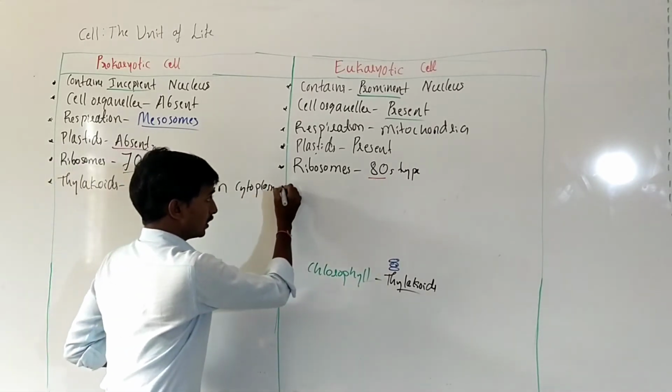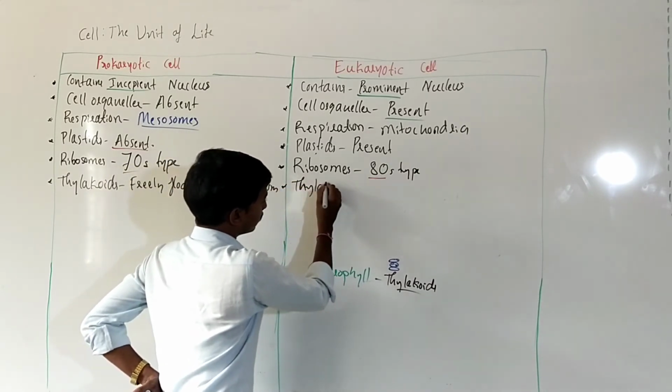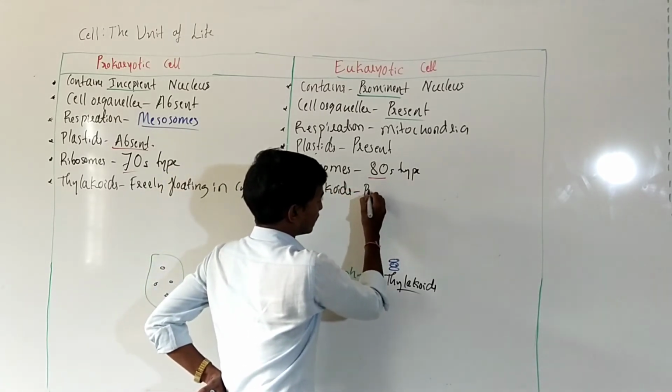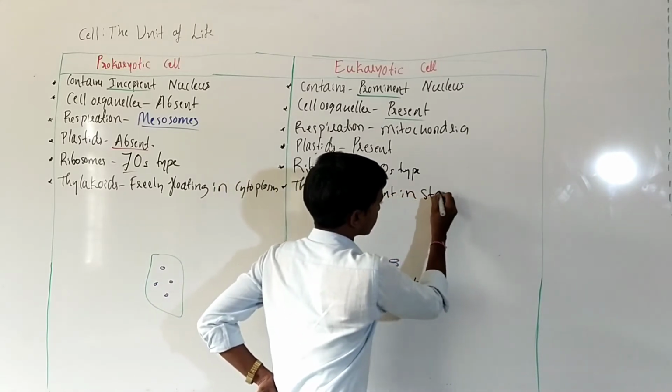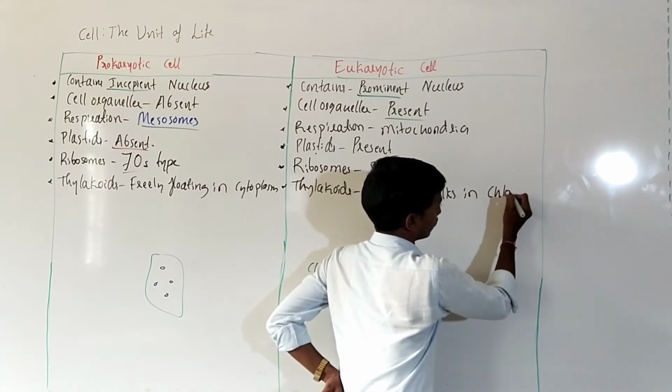Here in eukaryotes, the thylakoids are present in stacks in chloroplast.